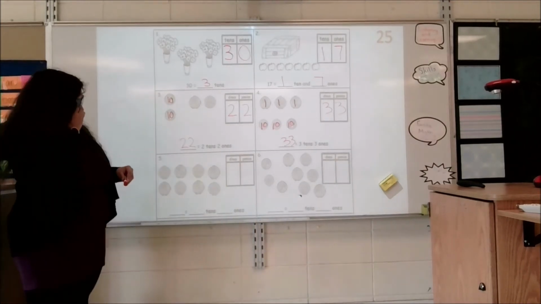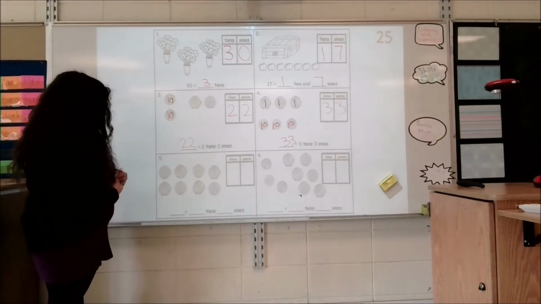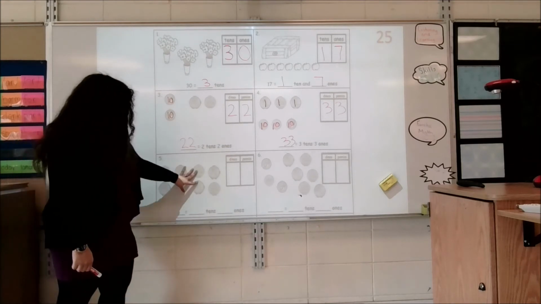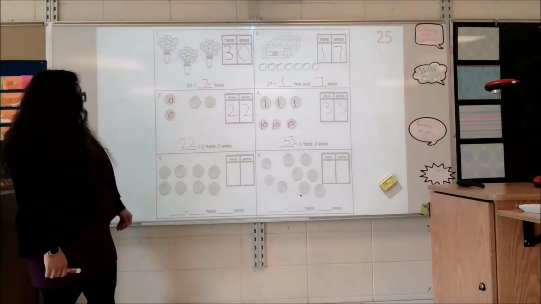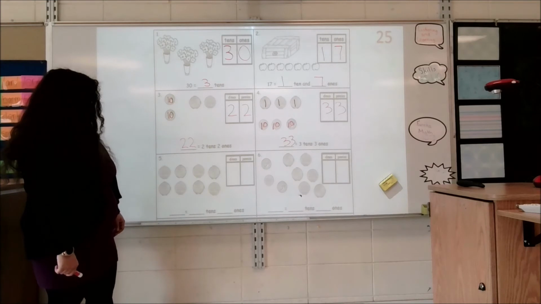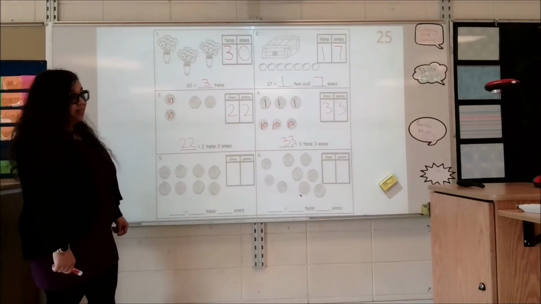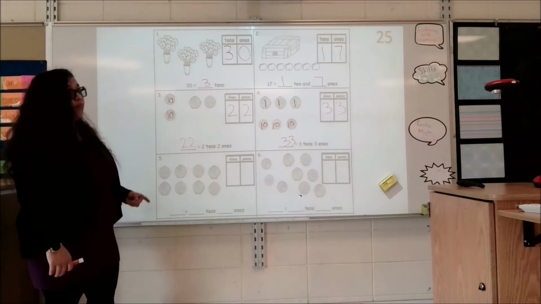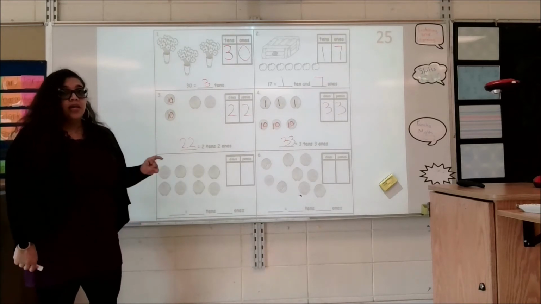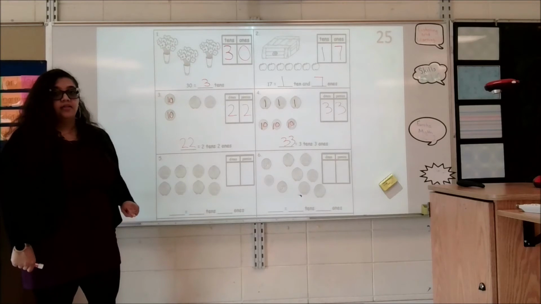How many dimes do we have pictured here? Do you see any dimes? I don't see any dimes either. I only see pennies. Let's count our pennies. If we're only counting pennies, what are we counting by? Tens or ones?